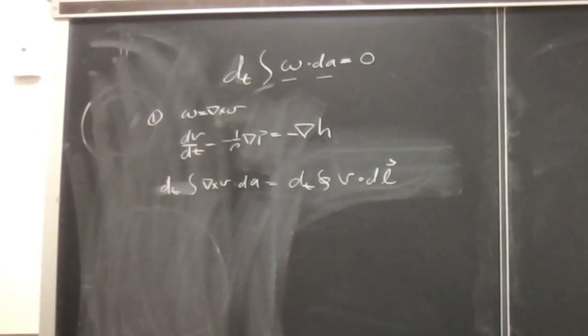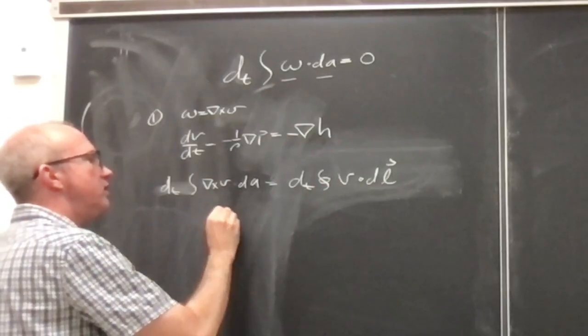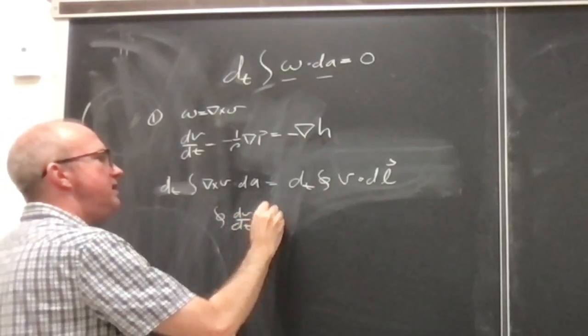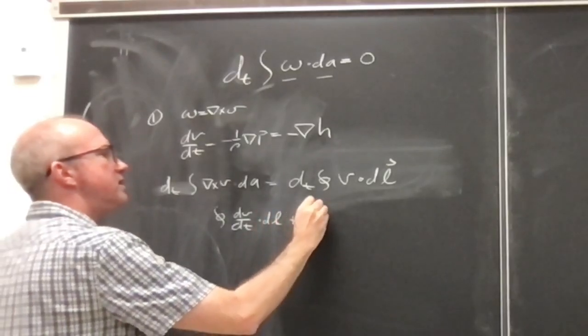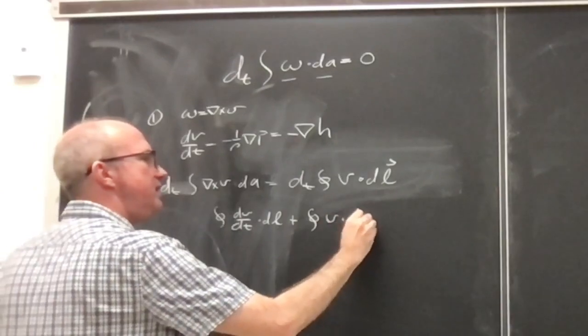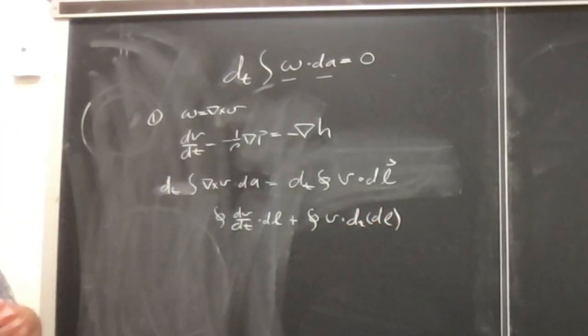Good? So now we split this into two parts. We'll get the integral around the closed loop of dv dt dot dl plus the integral around the closed loop of v dot d by dt of dl. Everybody good so far?